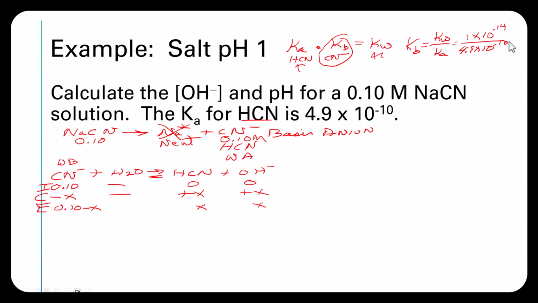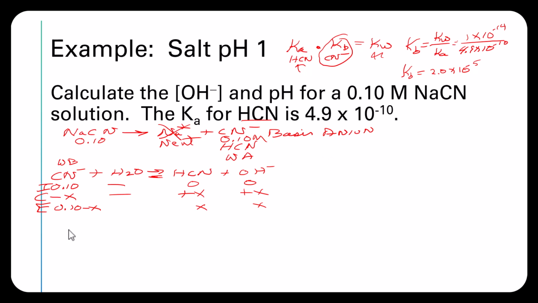I reach out, I grab my handy-dandy calculator, which is not here. When I plug this into my calculator, I come out with a Kb that's equal to 2.0 times 10 to the minus 5. All right, now I'm ready to do some math.